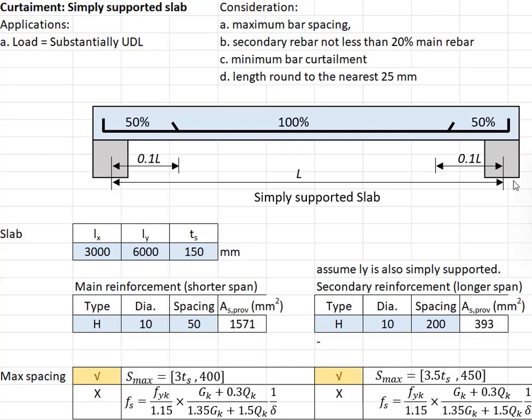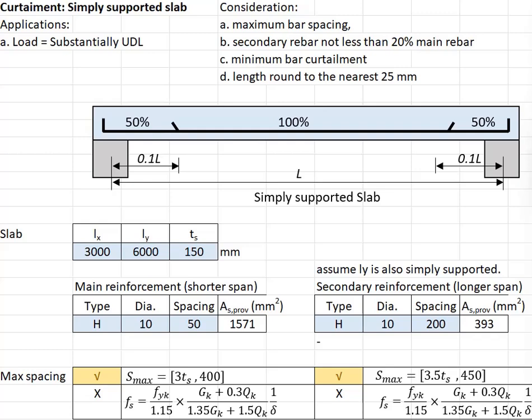Despite that, there are other considerations involved, which is the maximum bar spacing, which is slightly different from the simply supported beam. The beam, due to the smaller cross-sectional area, is more concerned with the minimum bar spacing. However, for the slab, the cross-sectional area for the reinforcement bar is relatively large.